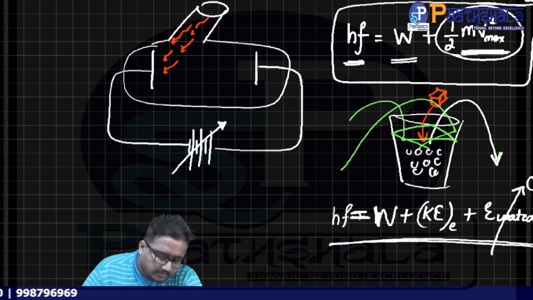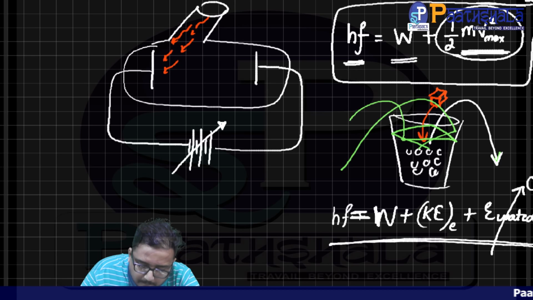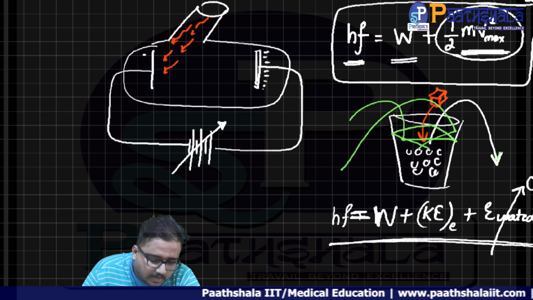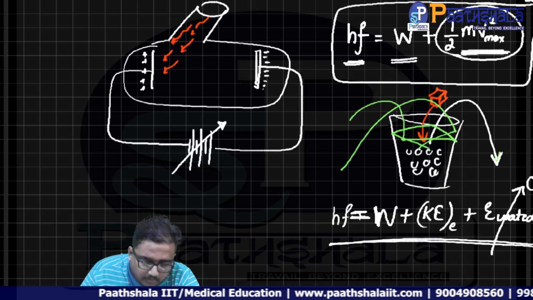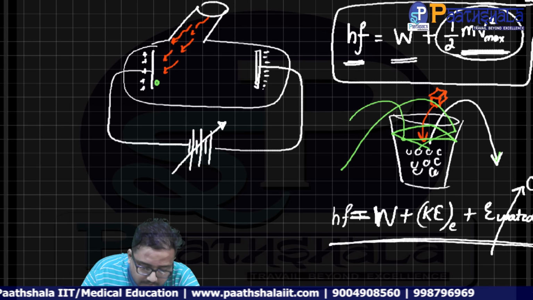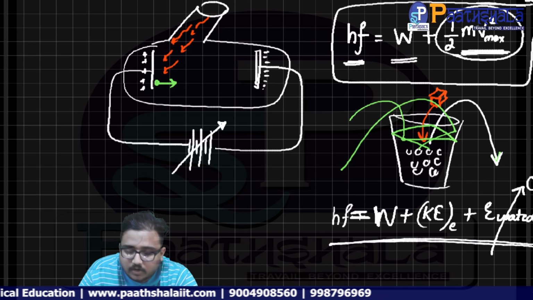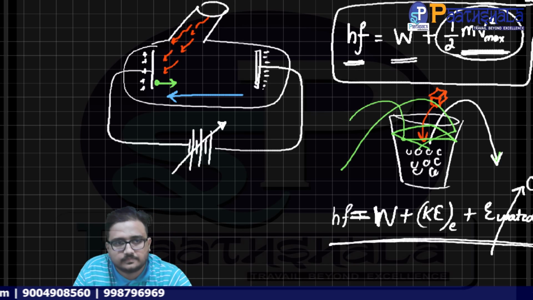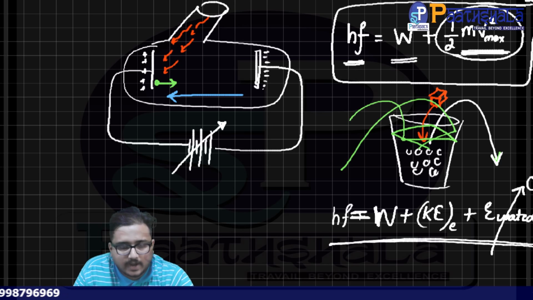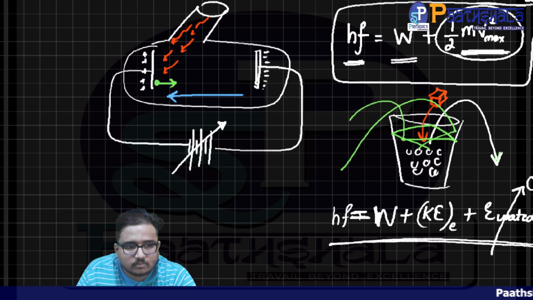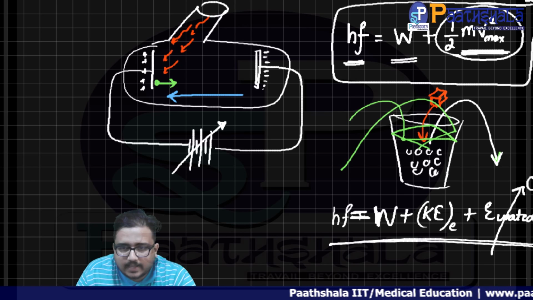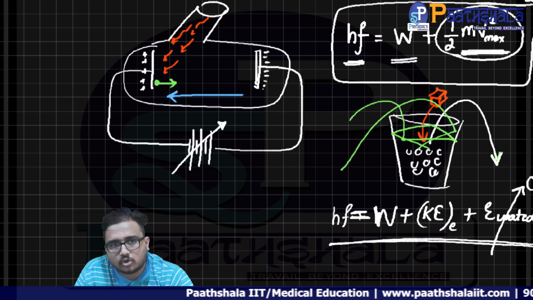Now I can very smartly make the terminal that was earlier the anode negative, and the terminal that was the cathode positive. The electrons have a natural kinetic energy tendency to move forward, but because of the electric field they have a tendency to move backward. It is exactly like a ball thrown upwards in the air.